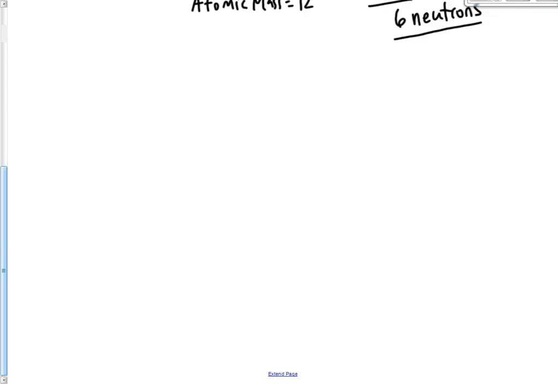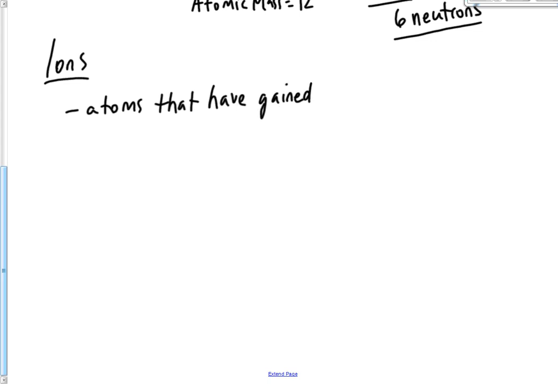Okay, we move on to ions. All right, ions are charged particles. So these are atoms that have gained or lost electrons. Electrons, and that's a little symbol of electrons. Let's go ahead and write these out because I use them often.